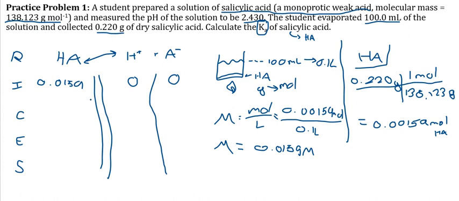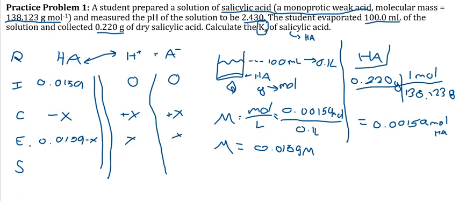Okay, I know that I have some of this present initially and no products present, so we can only shift right. Minus x, plus x, plus x. My equilibrium is going to be equal to 0.0159 minus x, and x.